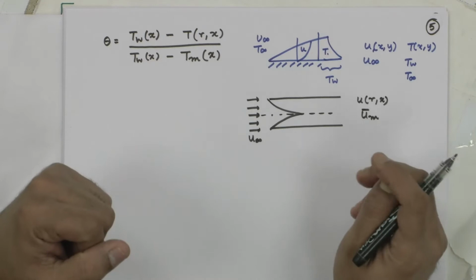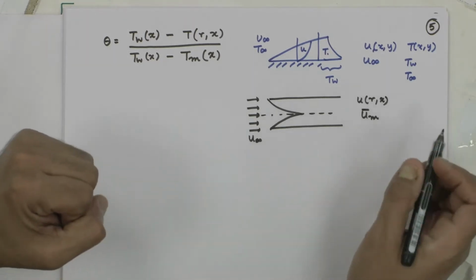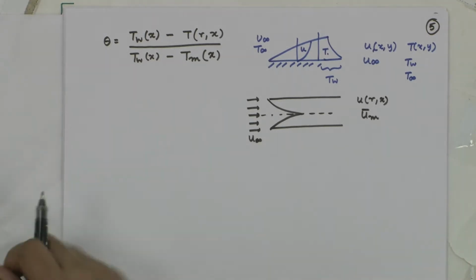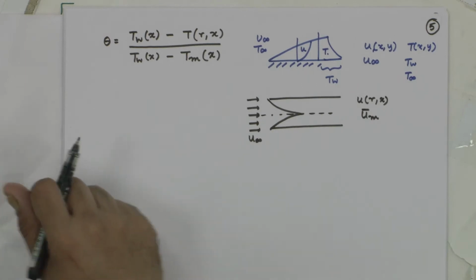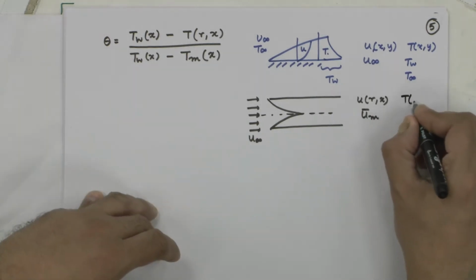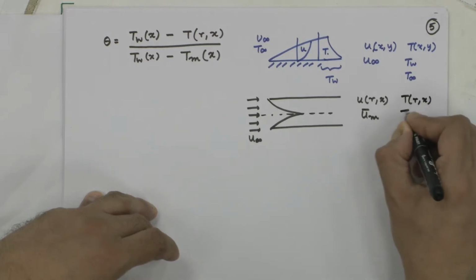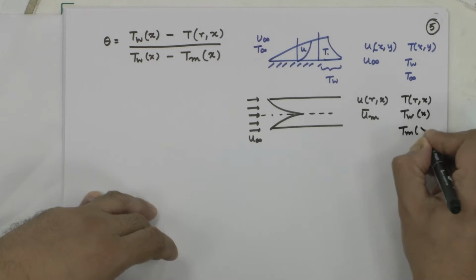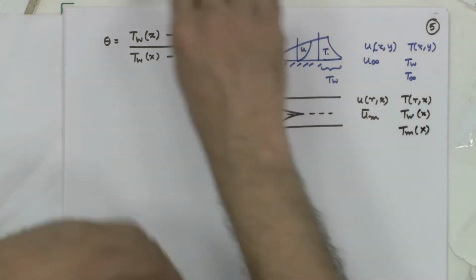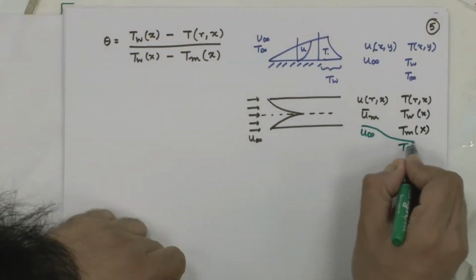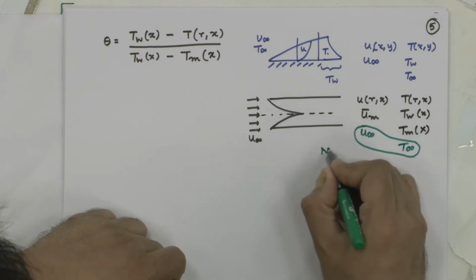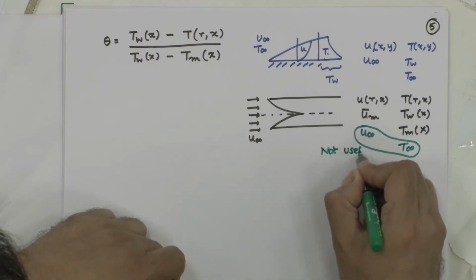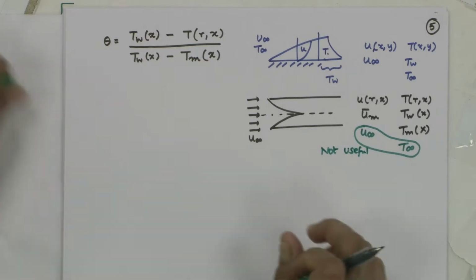You are dealing with u bulk mean, which is one kind of an average velocity, or you can at best deal with u center line or something like that. Here t of r comma x, t wall local, t bulk mean local. T infinity which was there before is now useless. U infinity and t infinity are not useful anymore after the fluid has come into the pipe.